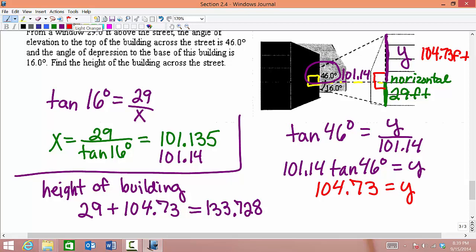And we'll go ahead and round to the nearest hundredth again. So that would make this 133.73 feet. So the height of that building total would be 133.73 feet.